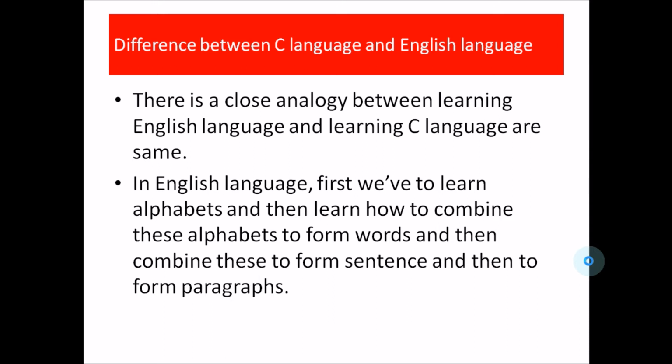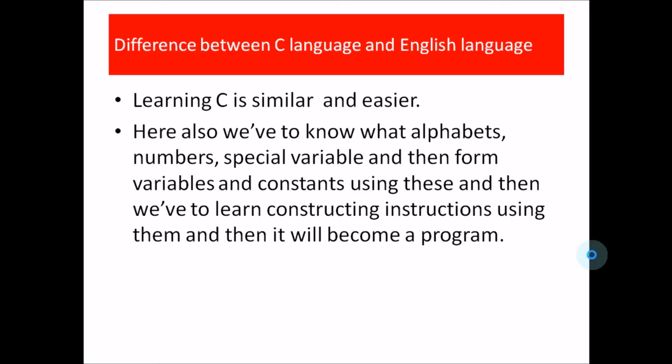Let's take an example of a sentence in English: English is so popular. We all know that this is a sentence, but before the sentence there is a group of words, like English, is, so, and each word is formed by alphabets like E, N, G, L.